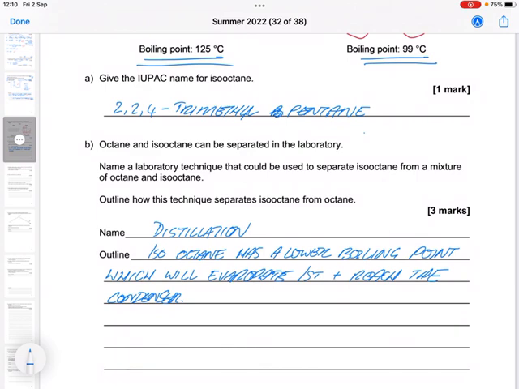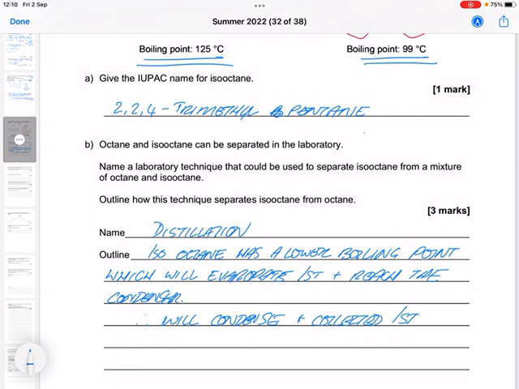So therefore it will condense and be collected first. There you go, that should do that. Yep, distillation, low boiling point, and will condense first.